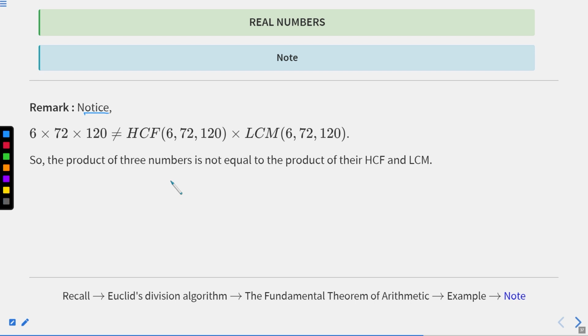So the product of three numbers is not equal to the product of their HCF and LCM. But in the case of two positive integers, the product of the two numbers is equal to the HCF of the two numbers into the LCM of the two numbers. For three numbers, the product of the three numbers does not equal the product of their LCM and HCF.